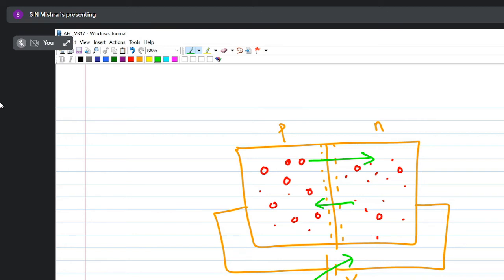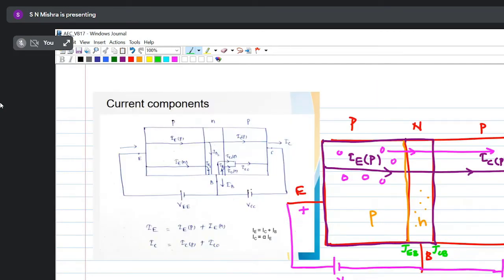Yes, sir. So the same concept will apply here. When it is forward biased, holes are moving from emitter to base, base to collector. Similarly, electrons will also move from base to emitter, this direction. So electron is moving this direction. So what is the current direction? Electron is moving from base to emitter, so what is the direction of current?